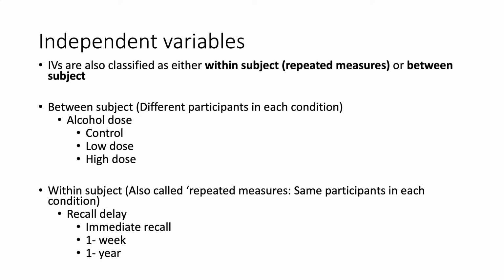So you might take one group of people, show them something that you want them to remember, maybe a video clip of something, and then you're going to come back, interview them immediately. You might call them back into the lab a week later, interview them again, and then you might leave them for a year and interview them after a very long delay. Now, these are the same people that are interviewed each time because you want to track their memory performance over time. So that's called a within subject variable.